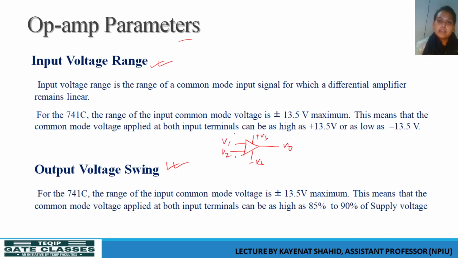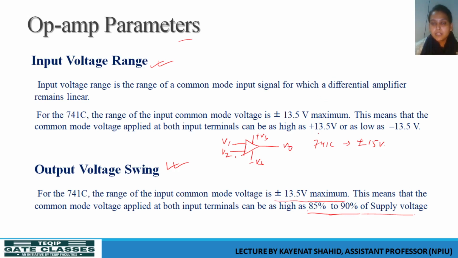That means the range of difference voltage that we apply at these two terminals, for the 741 IC, is plus minus 15 volt, but practically it is always less, about 85 to 90% of the supply voltage. So it will be plus minus 13 volt maximum.